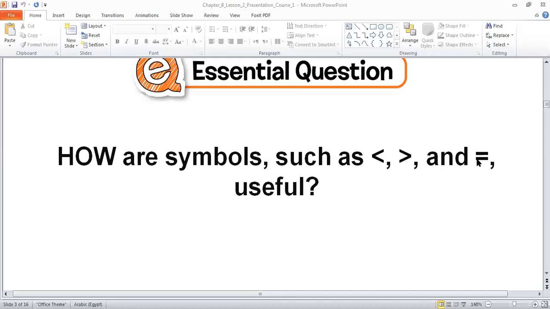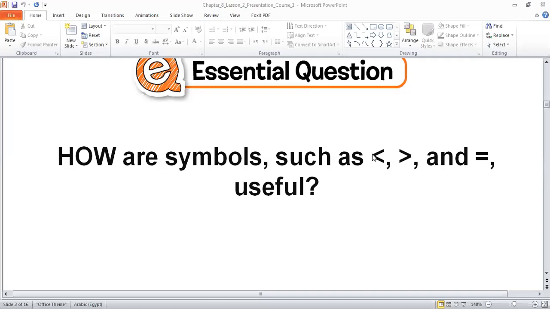Read the question again, Talal. How are symbols such as less than, greater than, and equal useful? Again, Talal.